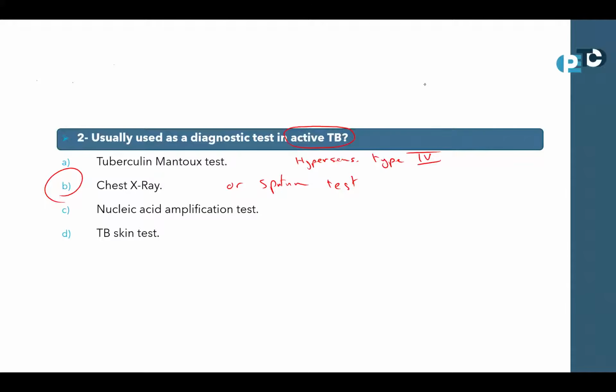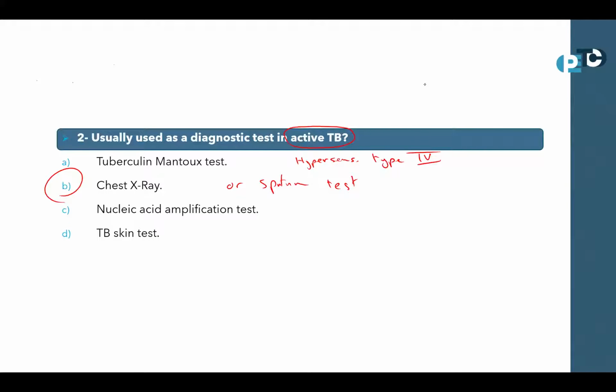This test will check the presence of antibodies, which means that the patient was infected previously or recently.